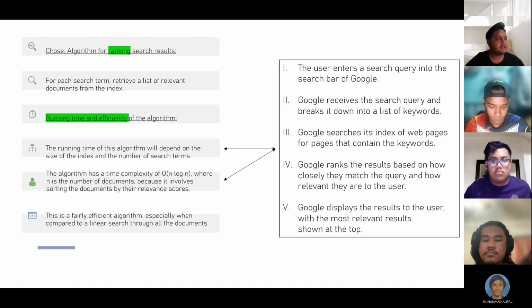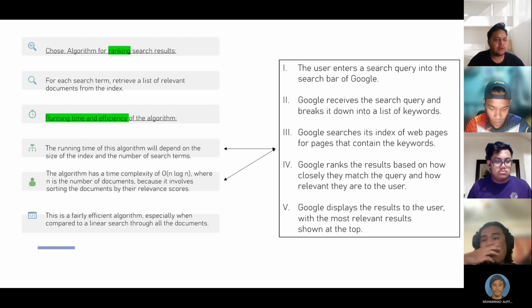After that, Google searches its index of web pages for pages that contain the keywords. Fourth, Google ranks the results based on how closely they match the query, on how relevant they are to the user. Then Google displays the results to the user with the most relevant result shown at the top.